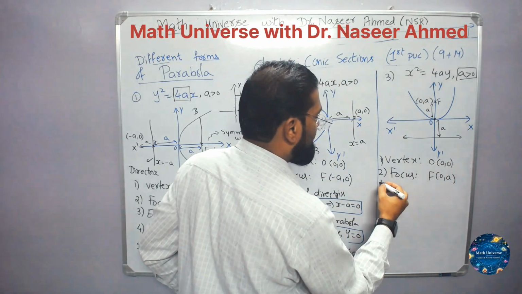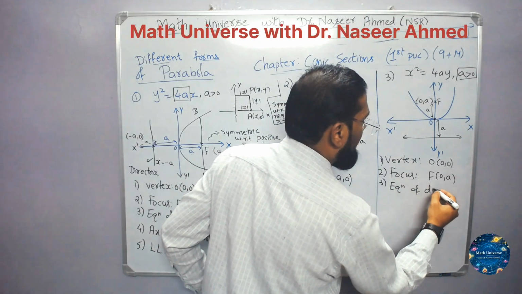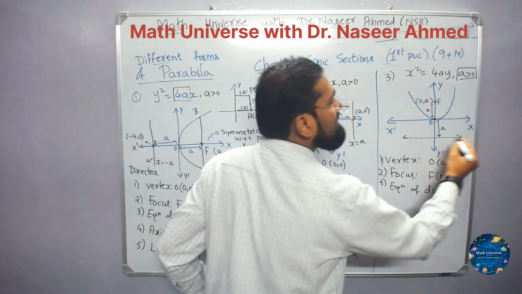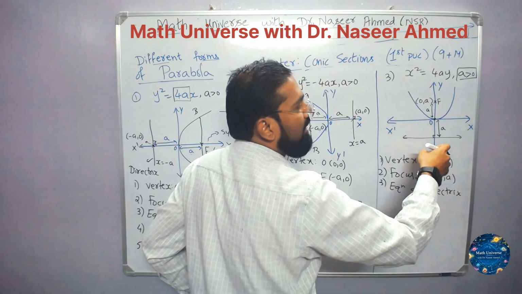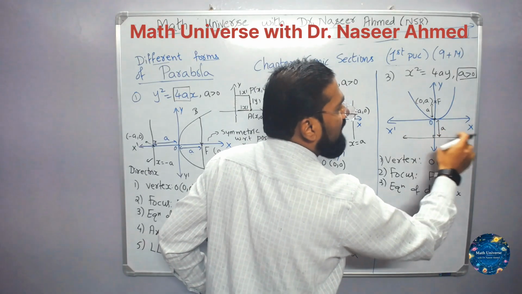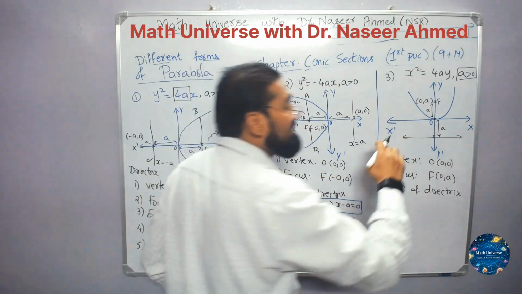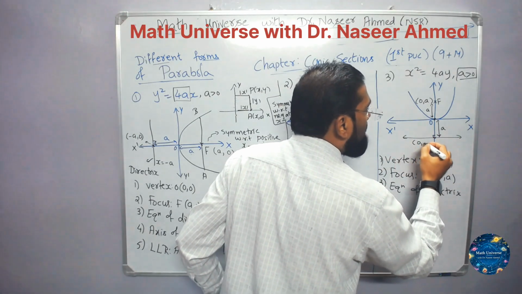Next comes the equation of the directrix. See carefully, it is the line perpendicular to the axis of the parabola at a distance a. This is a horizontal line. The chapter straight line is so important. This horizontal line passes through the point (0, -a).